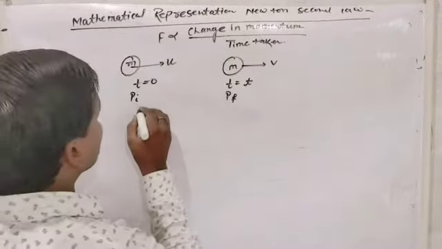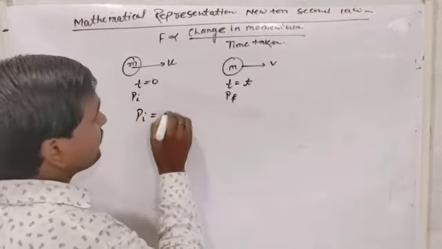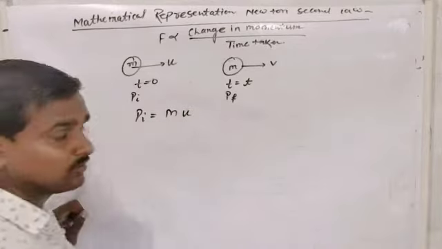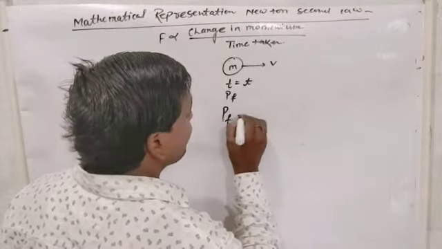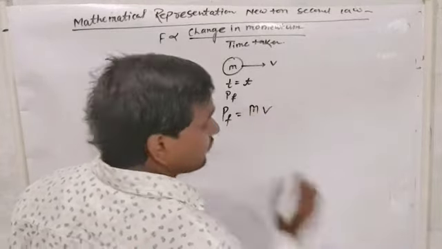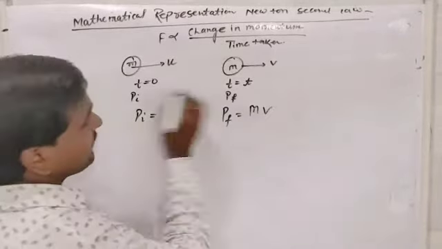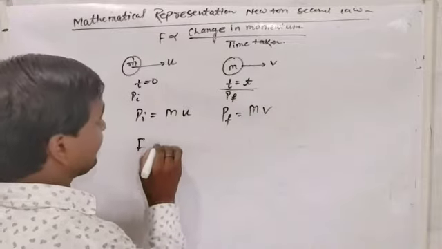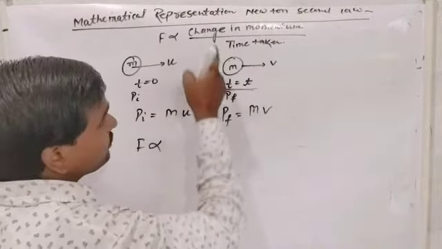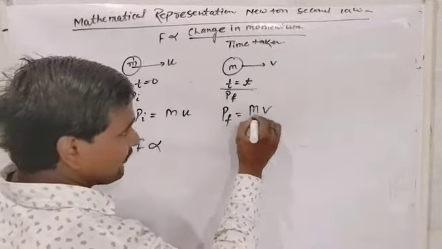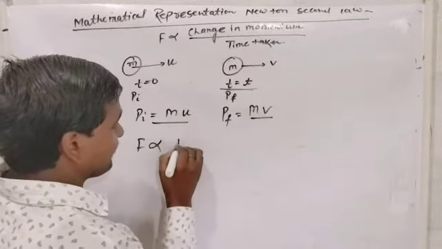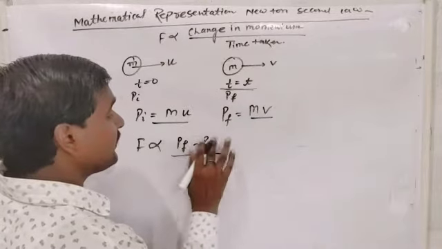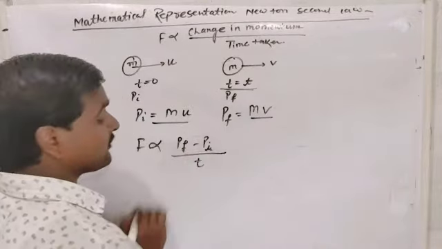So the initial momentum is equal to mass into velocity, m into u, and the final momentum p final is equal to m into v, and the time taken to change this momentum is t. We know that F is directly proportional to change in momentum, p final minus p initial upon time taken.